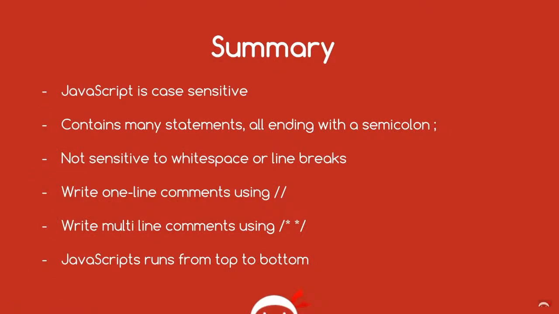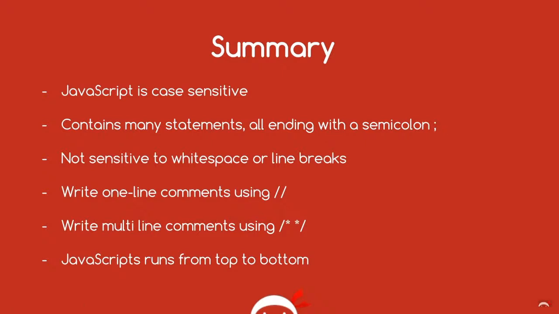So just to summarize the points we've made in this video, first of all, JavaScript is case sensitive, and I always remember that because of the way this JavaScript is written here. We have an uppercase J and an uppercase S, so it always reminds me that JavaScript is case sensitive. It contains many statements, all ending with a semicolon. I remember a statement is pretty much anything that you do in a JavaScript document.